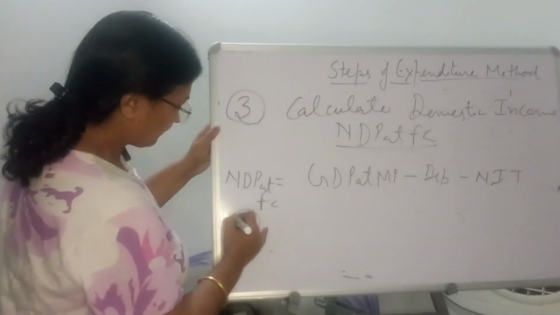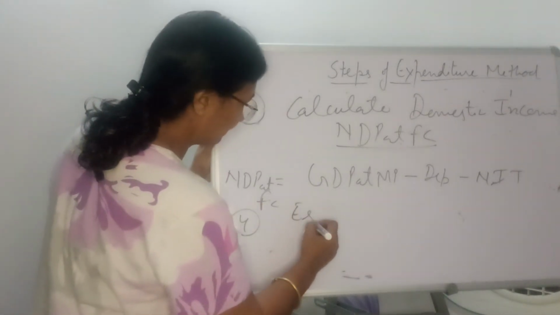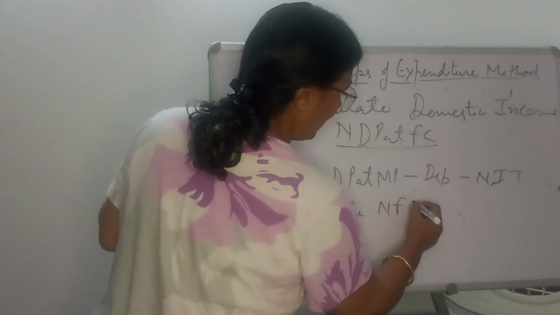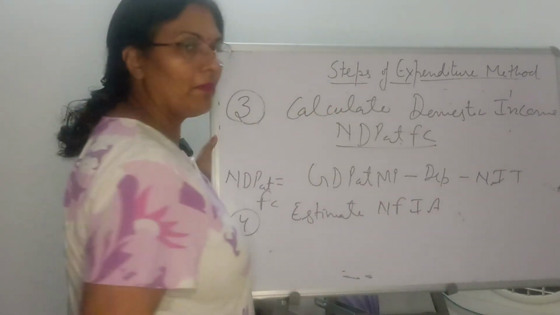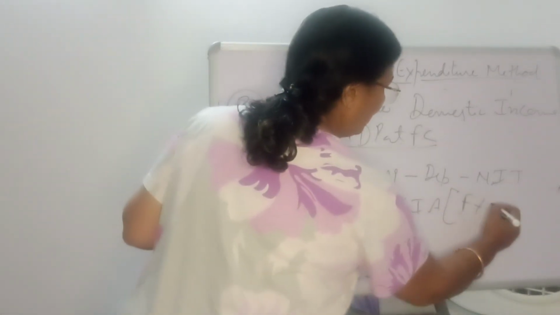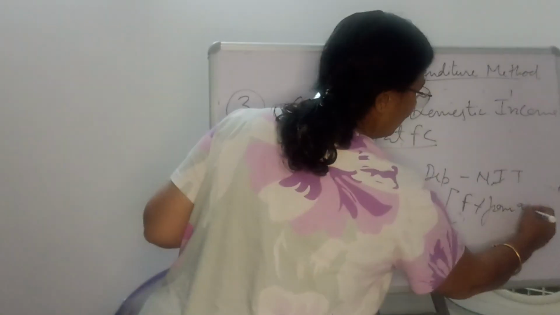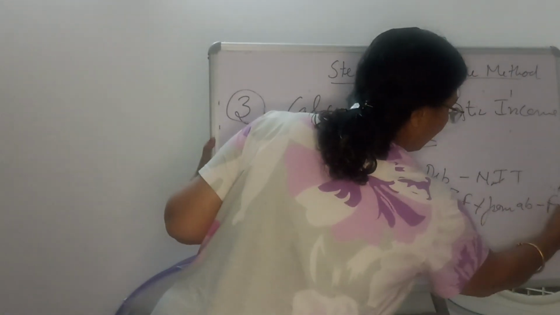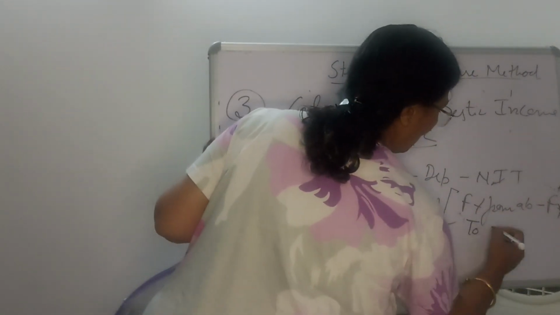Fourth step: estimate net factor income from abroad, NFIA. How to estimate? Factor income from abroad minus factor income paid to abroad.